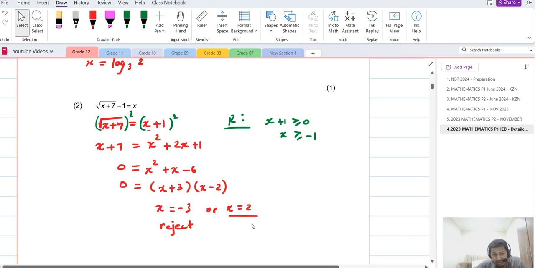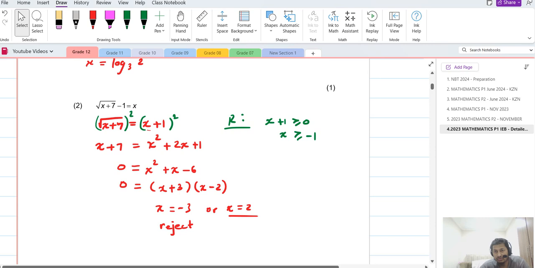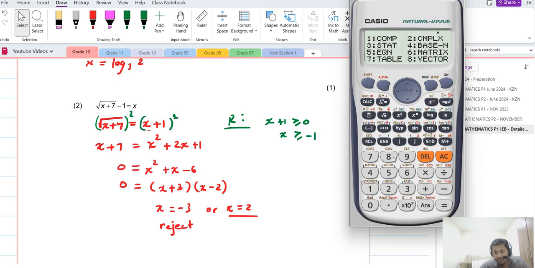Now if you want to check how to factor this out on the calculator, you can put in the coefficient of x squared, the coefficient of x, and the value of c. So in other words, a, b, c. What you will do is say mode 5 3. Press 1 for the coefficient of x squared, the coefficient of x is 1, the b value, and the c value is minus 6.